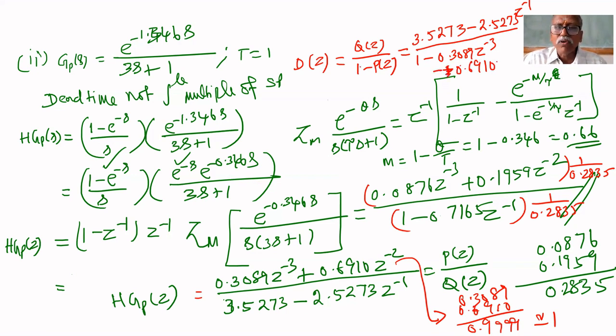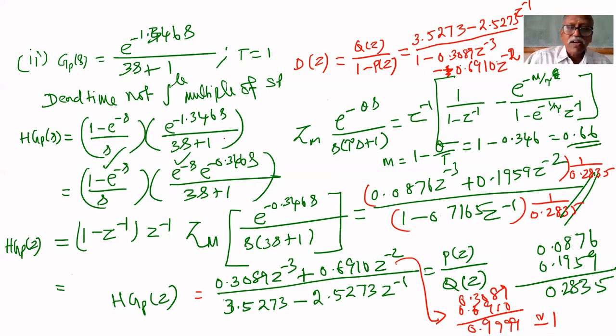Because as per the formula, it is 1 minus P of Z. Yes, we got D of Z: (3.5273 minus 2.5273 Z power minus 1) upon (1 minus 0.3089 Z power minus 3 minus 0.6910 Z power minus 2).